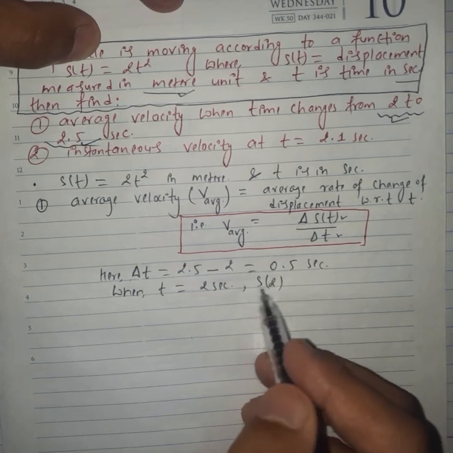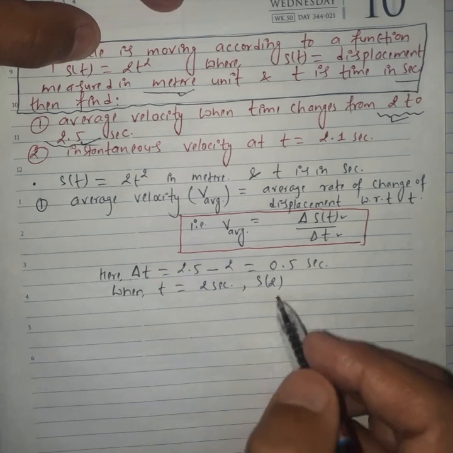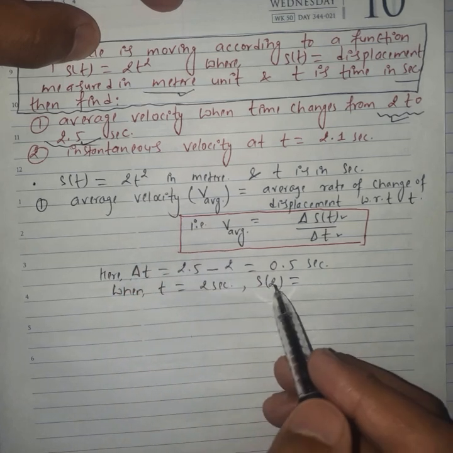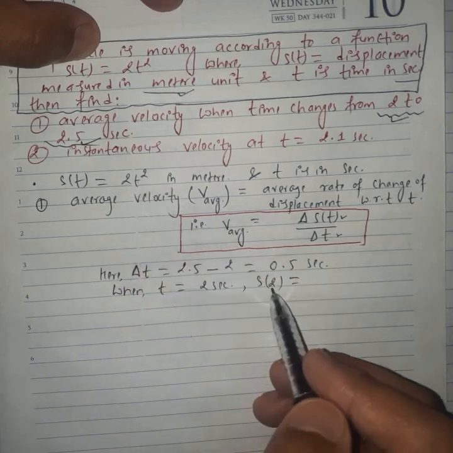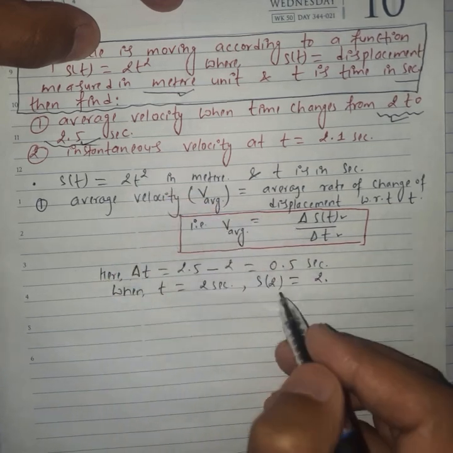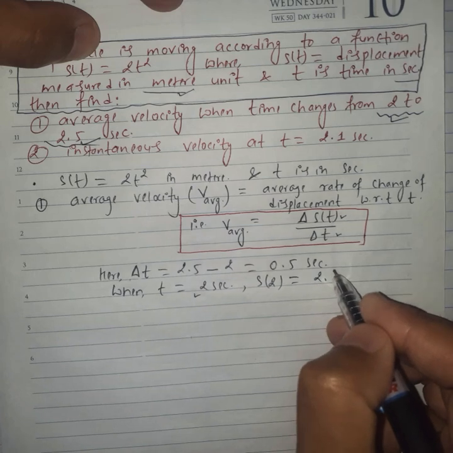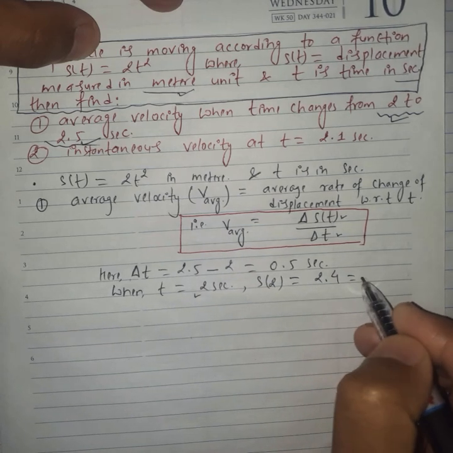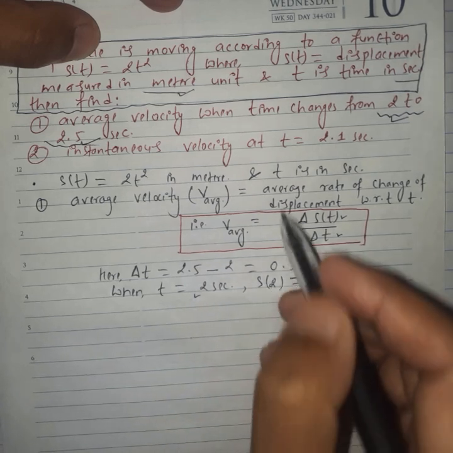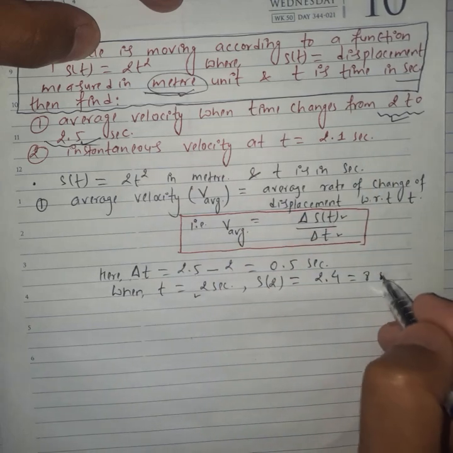S of 2 is calculated by plugging in t as 2. So 2 times 2 square, 2 square gives 4, and 2 times 4 gives 8. The displacement is measured in meters, so this is 8 meters.